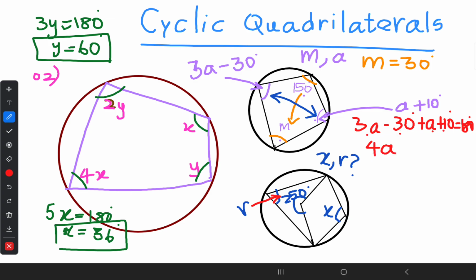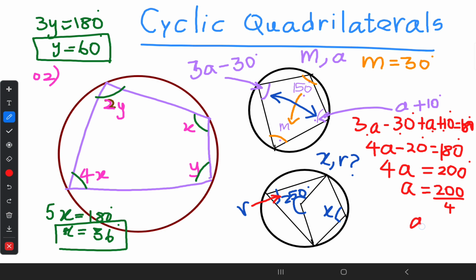Minus 30 plus 10 will become minus 20. So 4a minus 20 equals 180. Let's bring this negative 20 over as a positive one. So 180 plus 20 will become 200 degrees. So A is 200 divided by 4, that will give you A as 50 degrees.